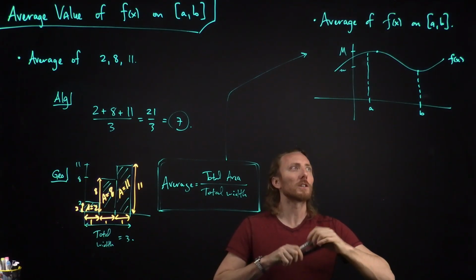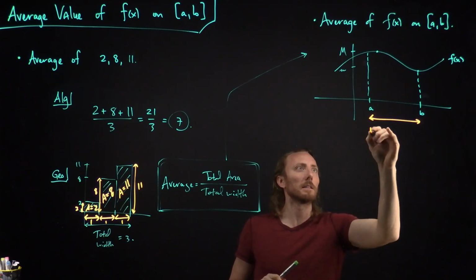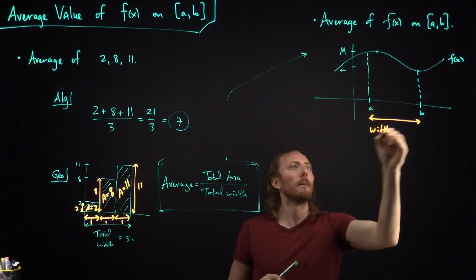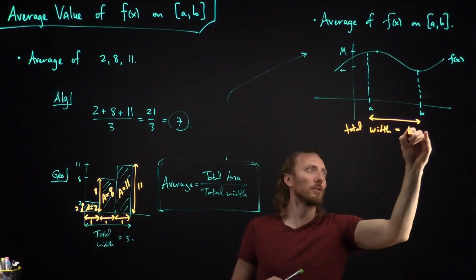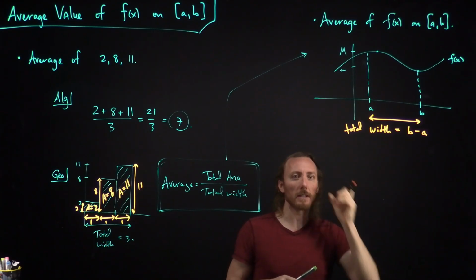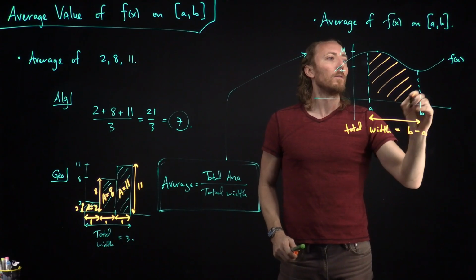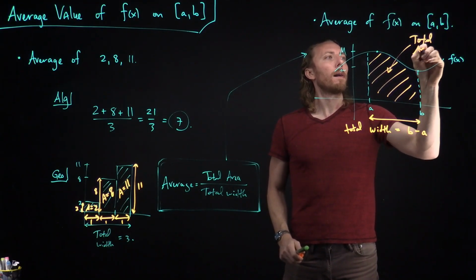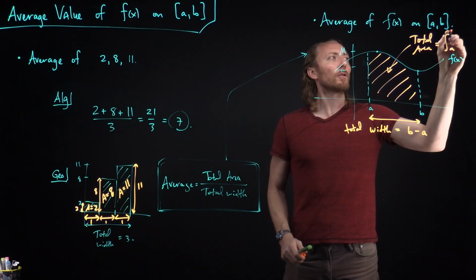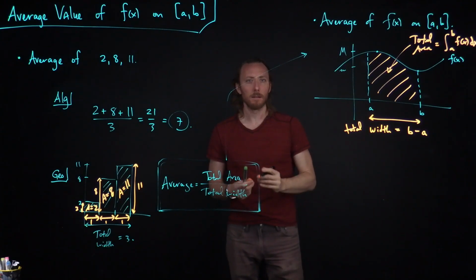What's the total width in this case? The total width is the distance between A and B, which we know, just take big one minus little one, so that's B minus A. And what's the total area? Well, hey, the total area is just the integral from a to b of f of x dx.